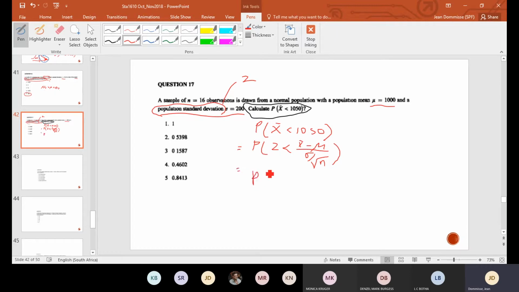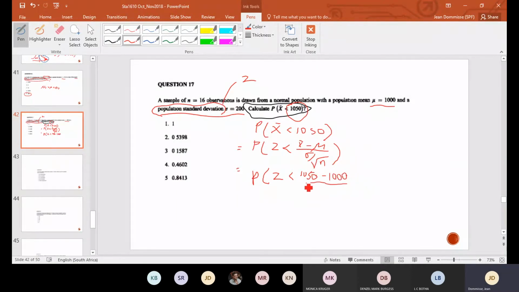We have most of the values, so we know that we are looking for where it is smaller than 1050. We subtract the mean of 1000.